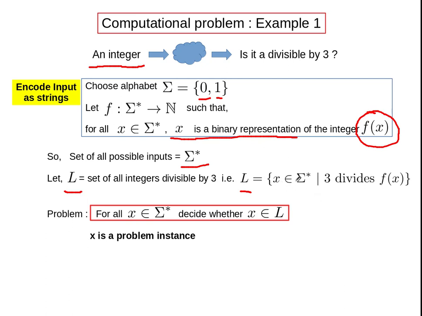Which set of strings? The strings which correspond to integers which are divisible by 3. So this f of x is an integer, but x is a string. Then the problem is, for all strings over this alphabet, decide whether the string belongs to the language that we defined here. And a particular string x is again a problem instance.